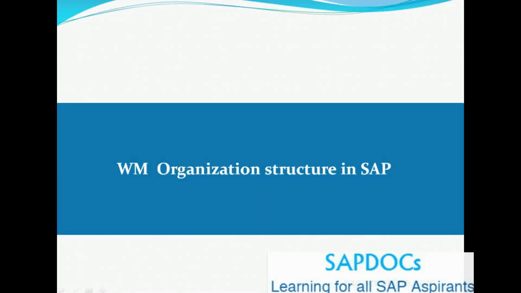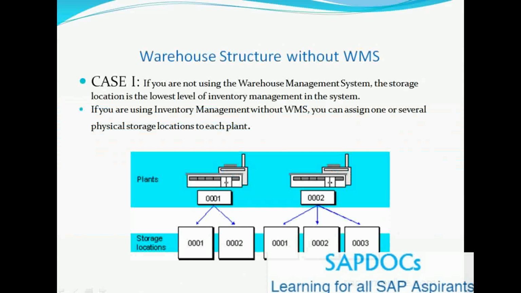Let us now discuss the WM structure in SAP. We will first have a look at a structure without a warehouse management system in place. So this is case 1. If you are not using the warehouse management system, the storage location is the lowest level of inventory management in the system.